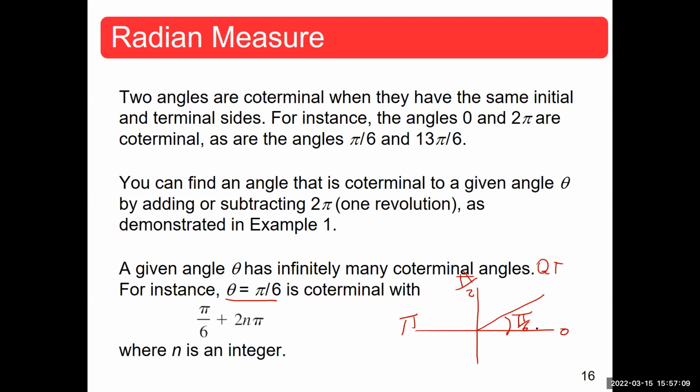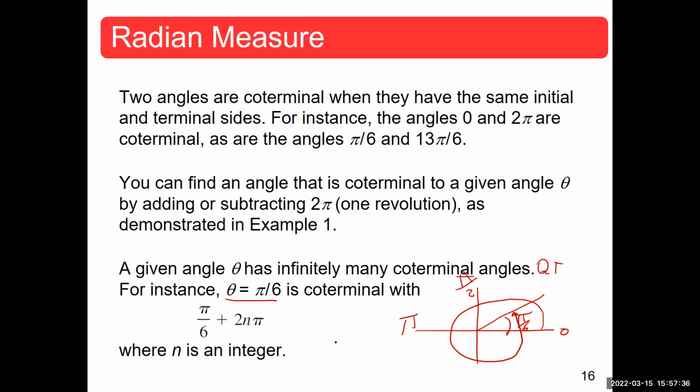Well, if I start again, as I told you a minute ago, go around and stop here, that's just a new angle. So that's coterminal. But what is the value of the new angle? If I went around 1 revolution, that means I've added 2 pi.